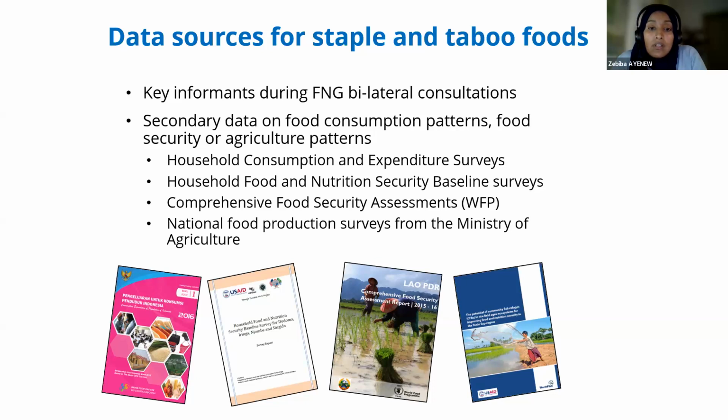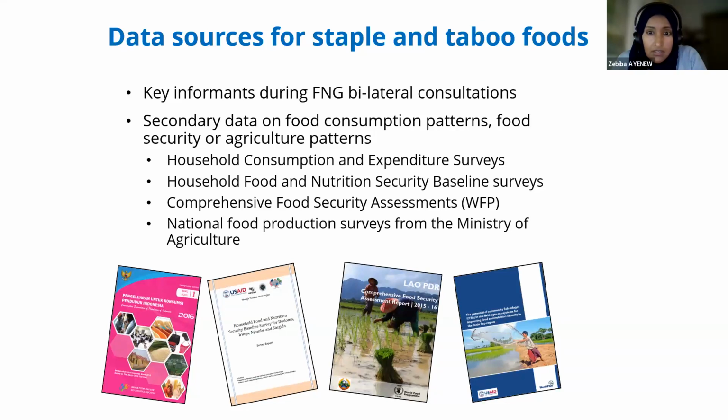Then also, similar to the previous slide, we use household consumption and expenditure surveys, national food production surveys from the Ministry of Agriculture, and comprehensive food security assessments from WFP. These types of data sources help us identify typically what staple food items are consumed in that locality.